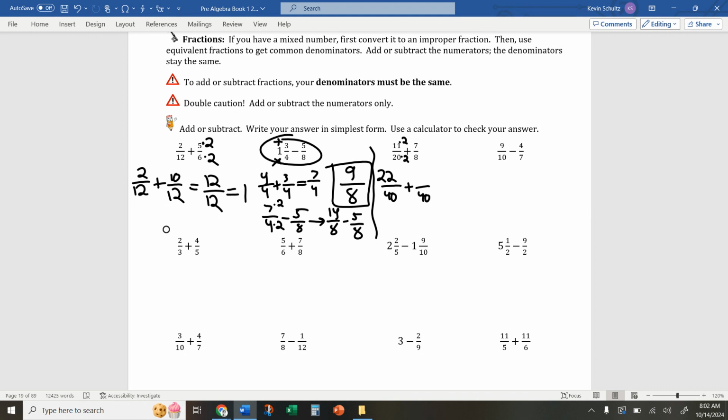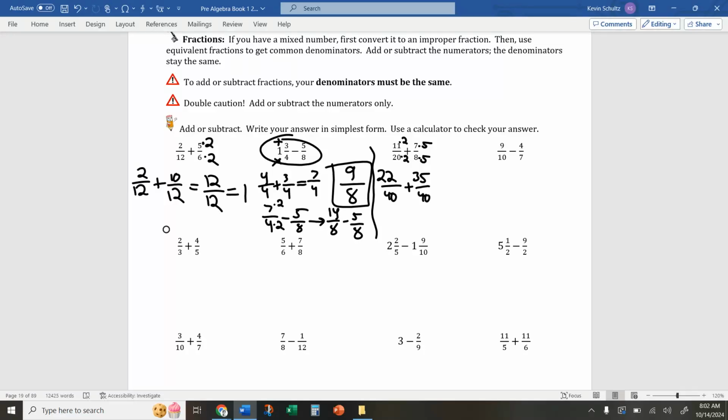How do we make that 8 into a 40? Times 5, okay? So 8 times 5, 7 times 5. The 8 times 5 gets us the 40 that we want. And 7 times 5 is 35. And once we get that common denominator, we have 22 of something, 40ths.